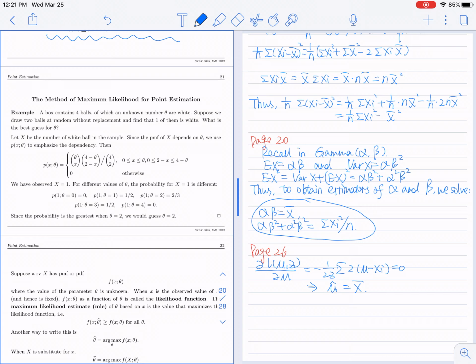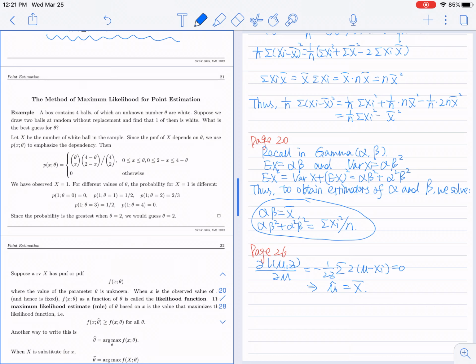Because a box contains 4 balls, theta is at most 4. In order to have a reasonable estimate of theta, let us just plug every possible value of theta into the PMF and see what their probability is.